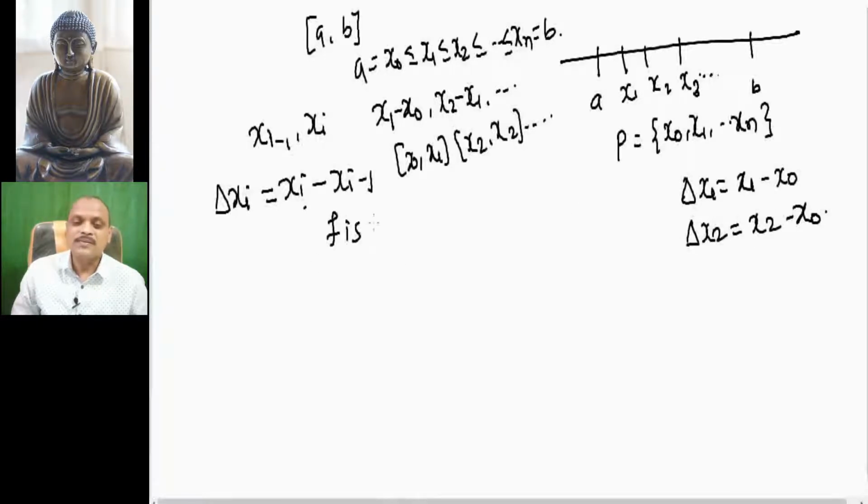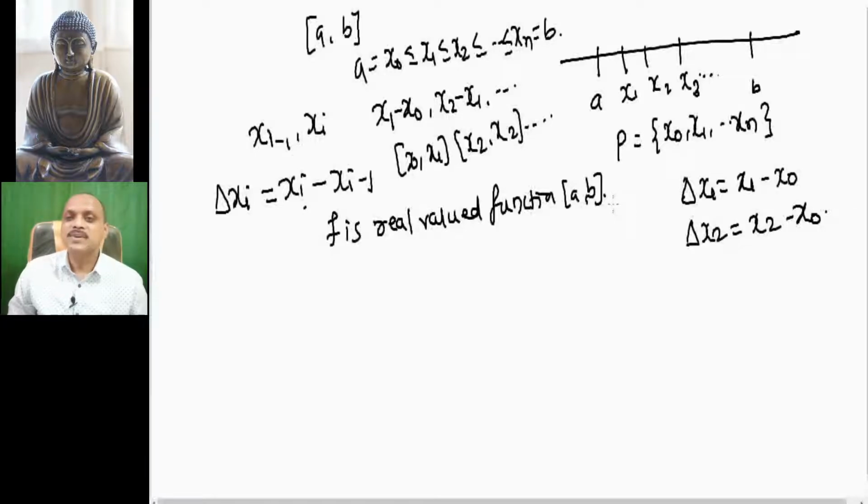Now if f is a real valued function on the closed interval a comma b, as this is a function defined on a closed interval, it is a bounded function. If it is a bounded function, it has upper bounds and lower bounds.